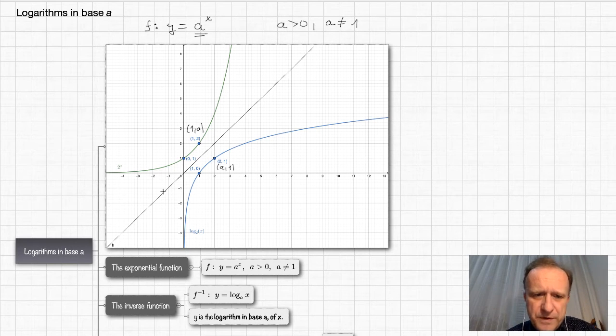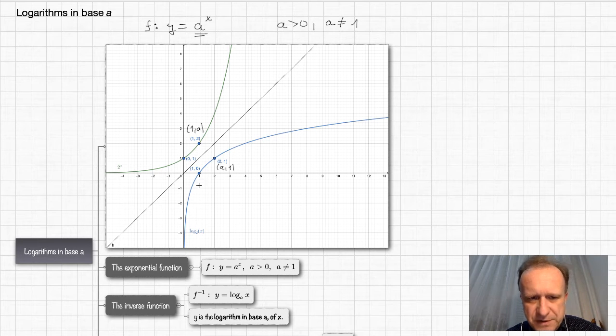Now, moreover, you see that while the domain of the original exponential function was the set of all real numbers and its range was represented by positive real numbers, these two are again interchanged when we describe the inverse.